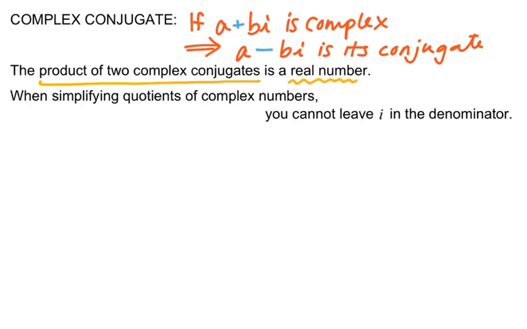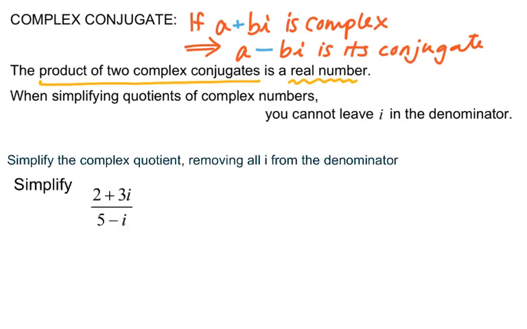All right? So let's use that logic because we're going to talk about simplifying a quotient of complex numbers. And essentially what we know is we cannot leave an i in the denominator. Here we have a complex quotient and we need to simplify this. What we need to do is make sure that there are no i values existing in the denominator, which obviously the problem comes with. So we need to figure out a way to get rid of i and simplify this quotient of complex numbers.